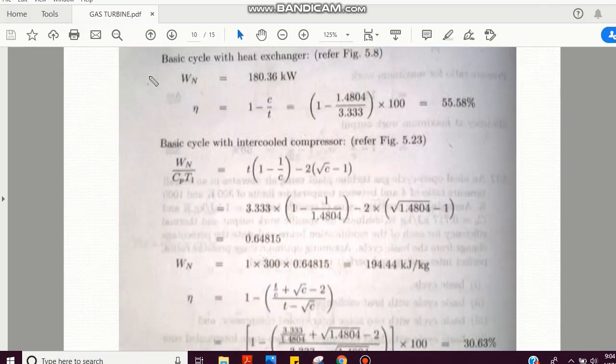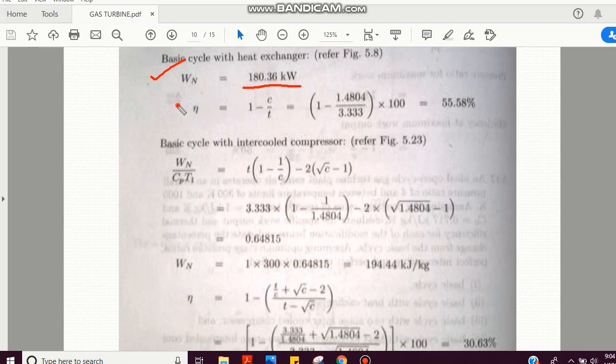Now the basic cycle with heat exchanger. Since the net work output is the same for the basic cycle and the basic cycle with heat exchanger, the net work output is the same, 180.36 kilojoule per kg.